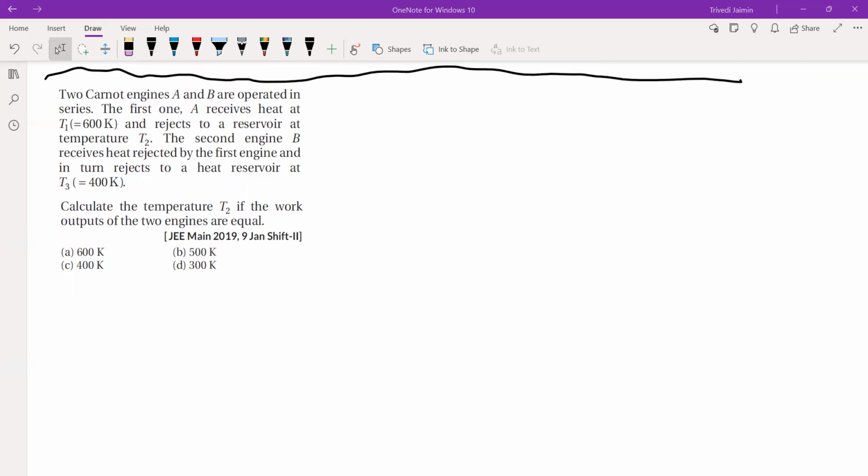Okay. See, whenever this question comes, Carnot cycle, always draw source and sink. Heat going or heat outgoing or heat incoming. Okay, in Carnot, just tell me just general form. What will be in Carnot cycle?